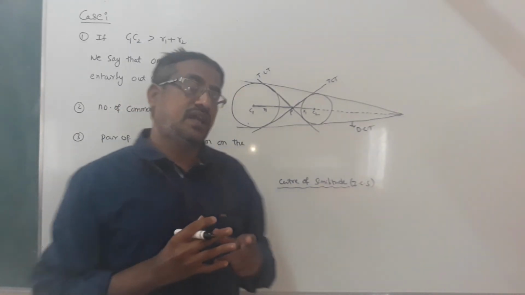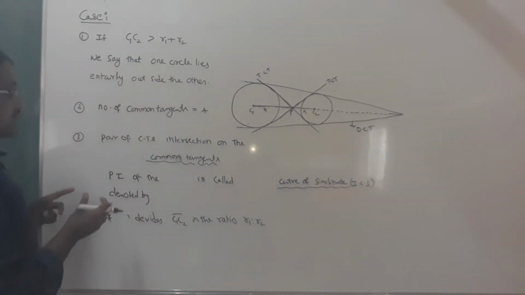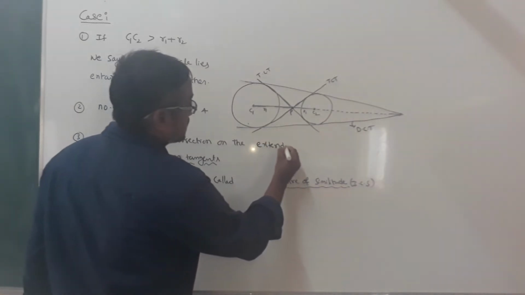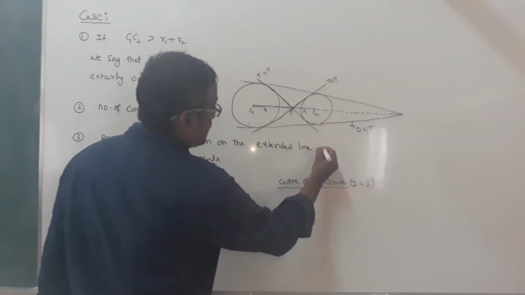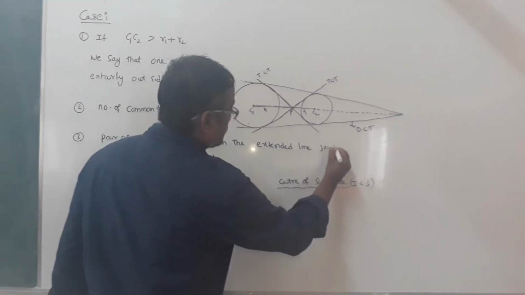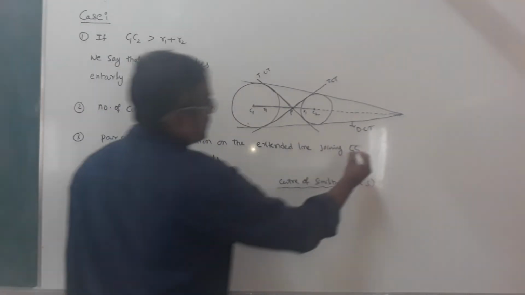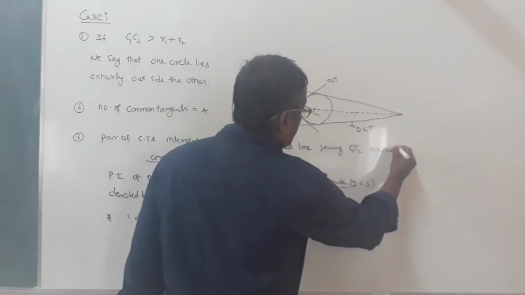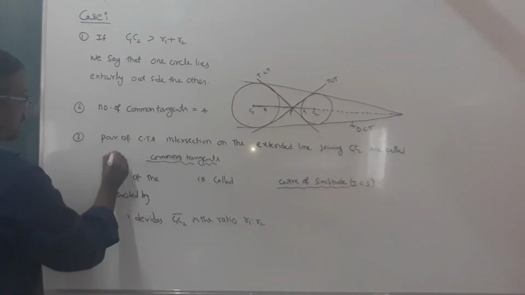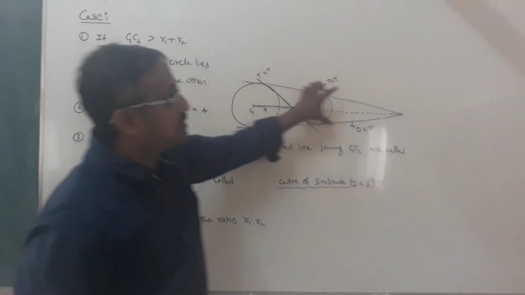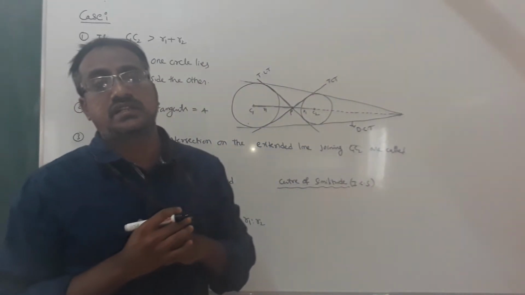The pair of tangents that are intersecting on the extended line joining C1C2 are called direct common tangents.